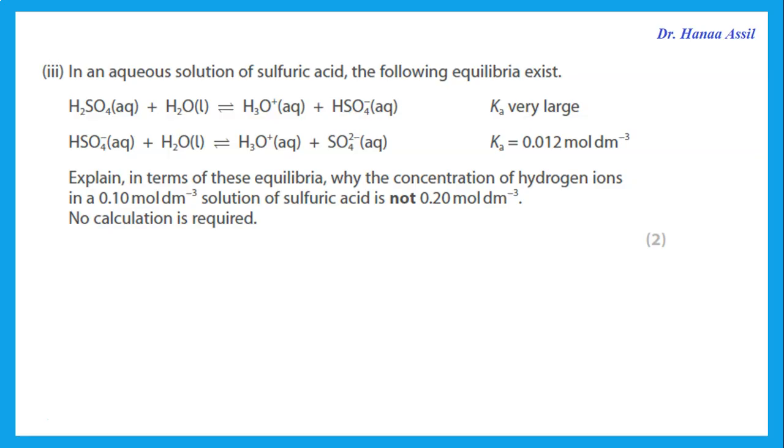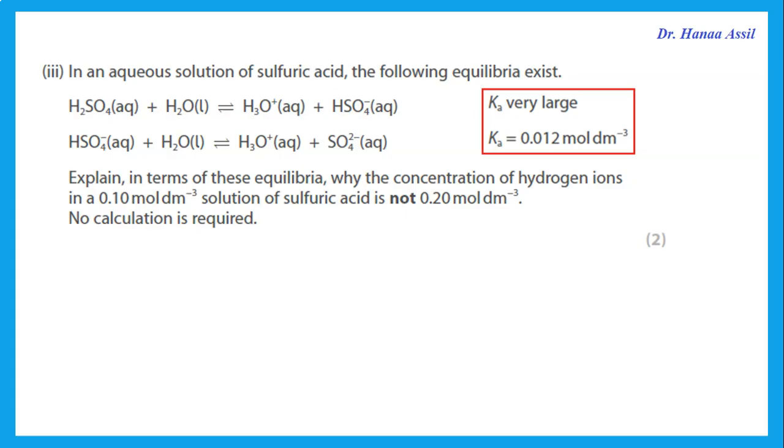Explain in terms of these equilibria why the concentration of hydrogen ions in 0.1 mole per decimeter cubed of sulfuric acid is not 0.2. Now, for a diprotic acid that gives 2 protons, 2H plus, the concentration of H plus ions should be twice the concentration of the acid. So why isn't it twice?